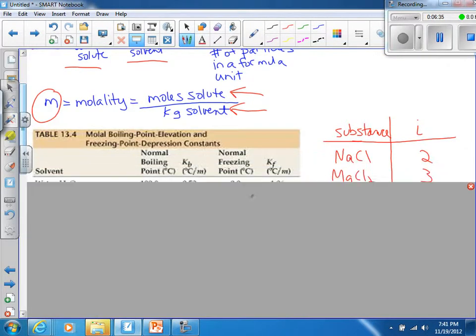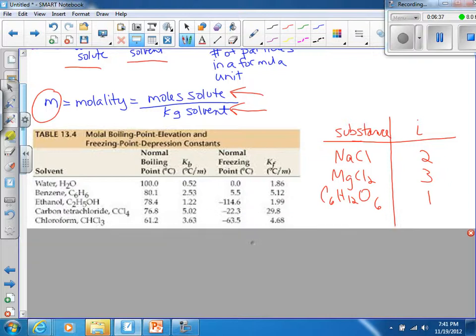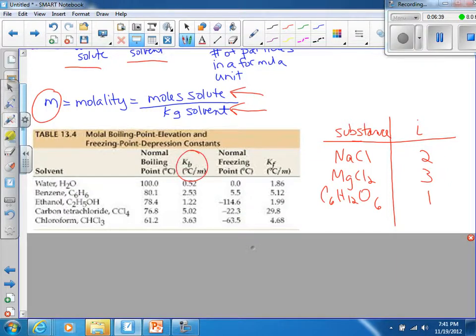Now, here are a whole bunch of different Kb's and Kf's for a bunch of different substances. The substances' boiling points and freezing points are also given. Remember, normal boiling is the boiling point at 1 atmosphere of pressure, and normal freezing is the freezing point at 1 atmosphere of pressure.